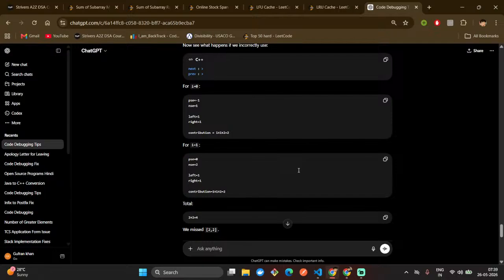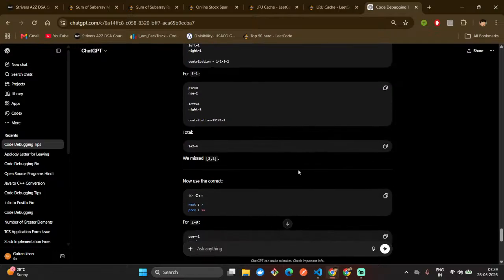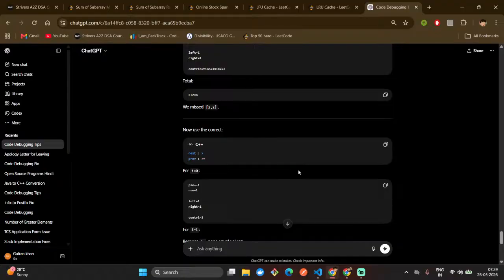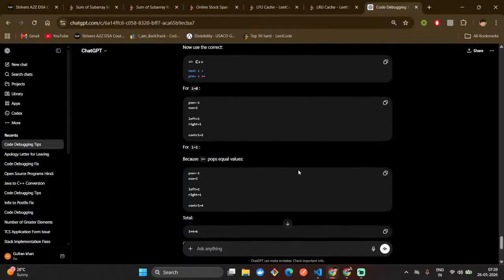Four times. Next smallest element, previous smallest element.